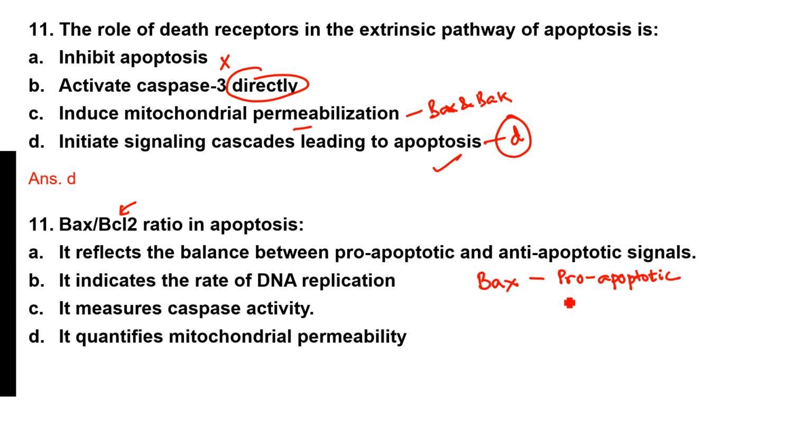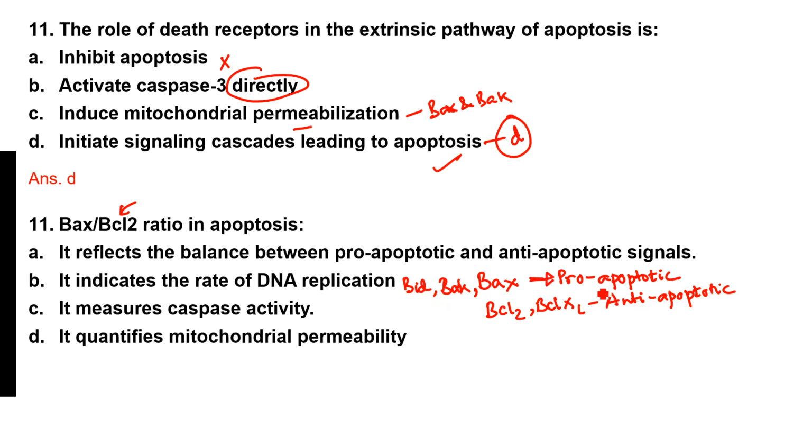BAX is a pro-apoptotic molecule, while BCL2 and BCL-XL are anti-apoptotic. And BAX, BAK, BID, BIM, all these are pro-apoptotic molecules.